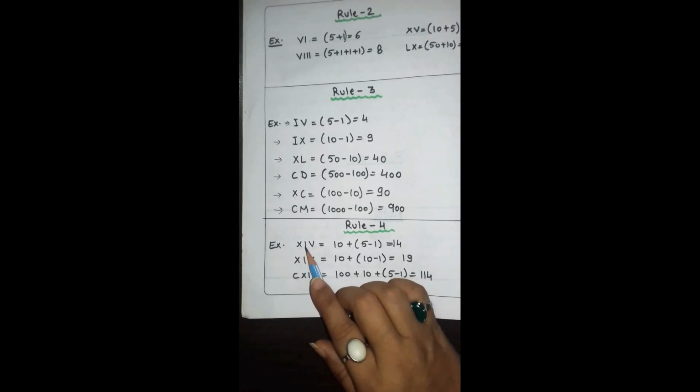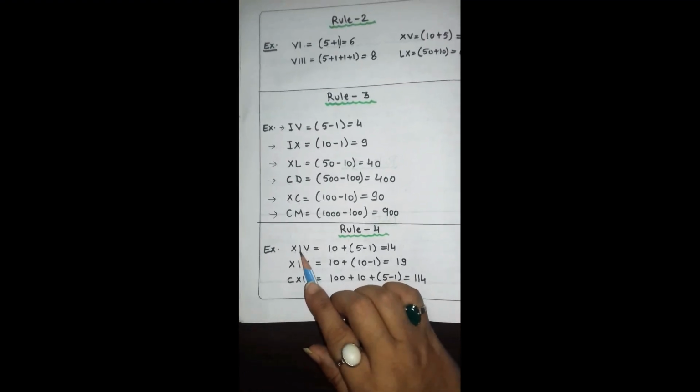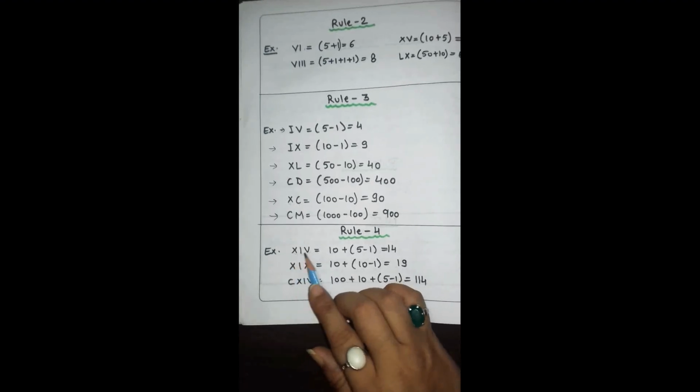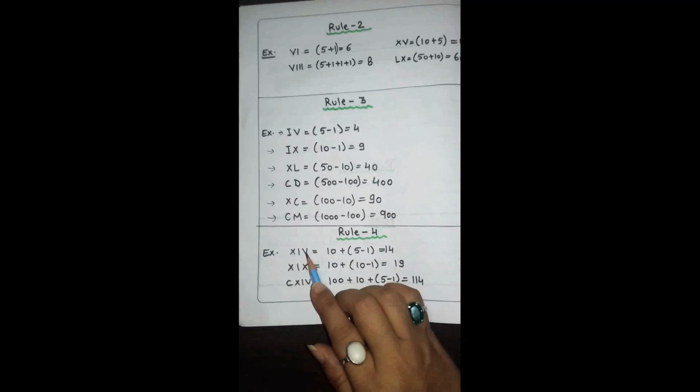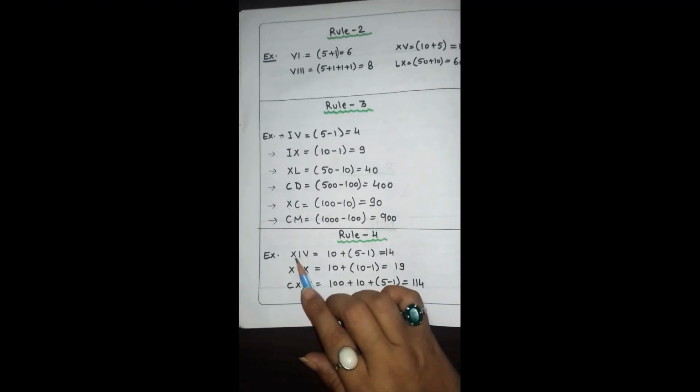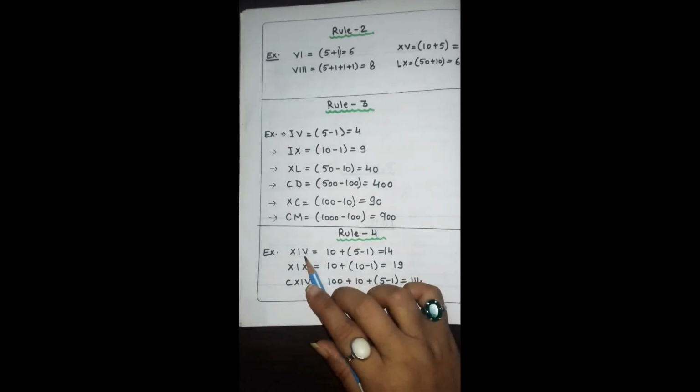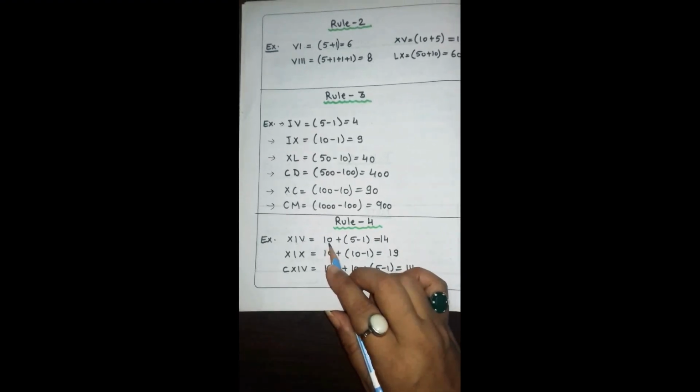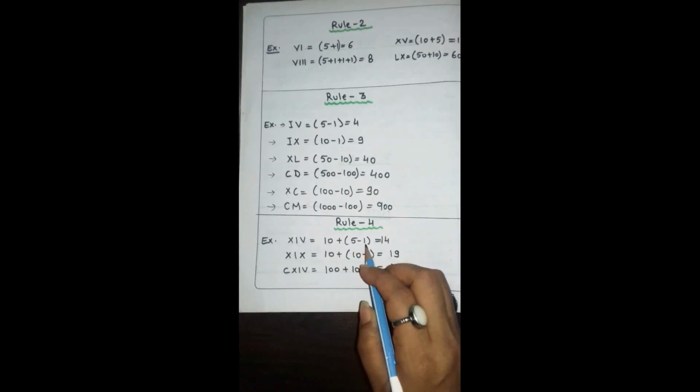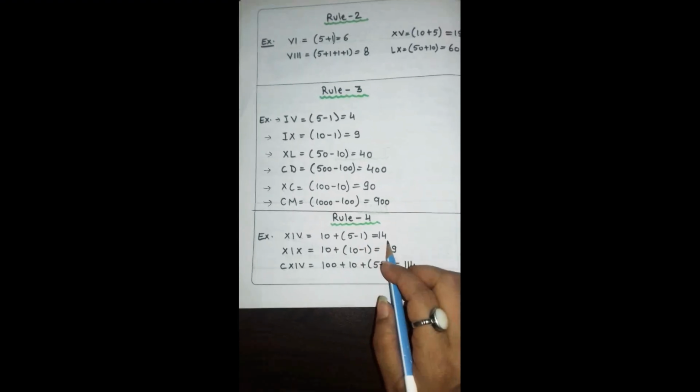Here I is a smaller numeral placed between two larger numerals, that is X and V. X stands for 10 and V stands for 5. So 10 plus 5 minus 1 is equal to 14.